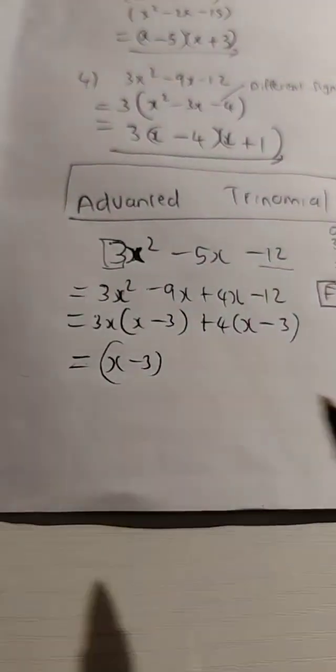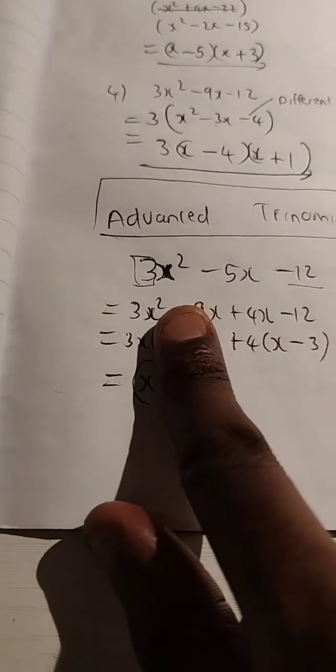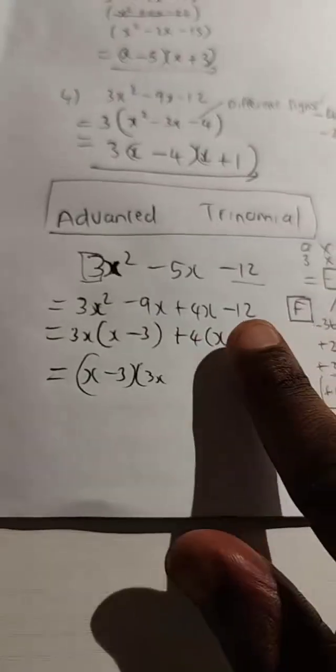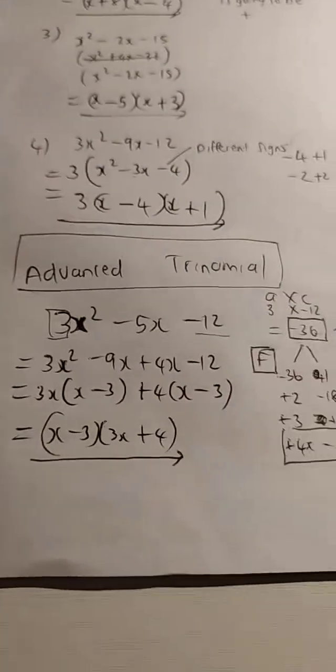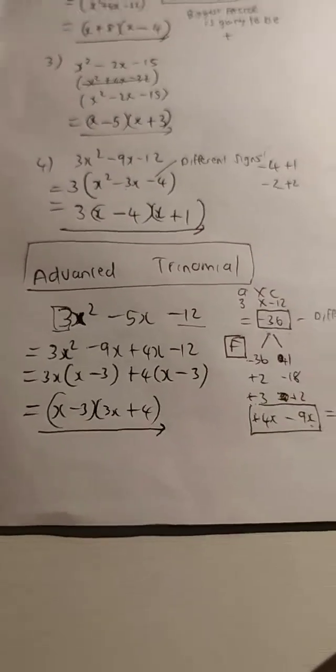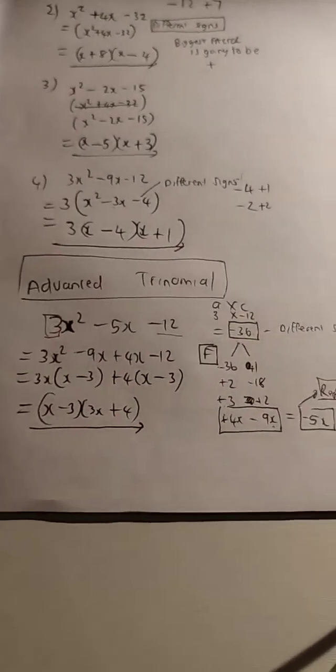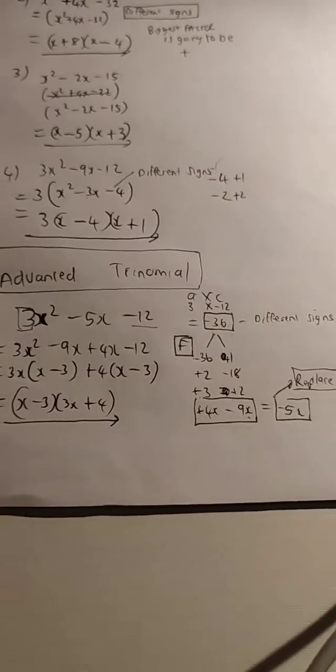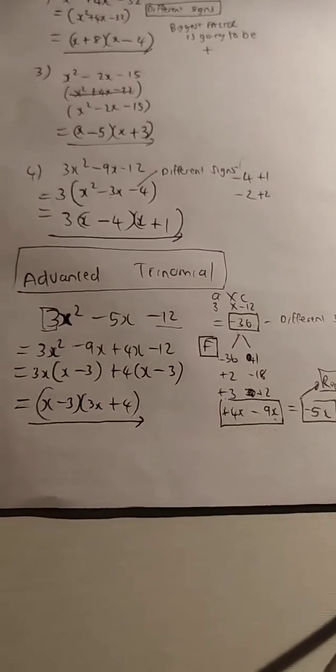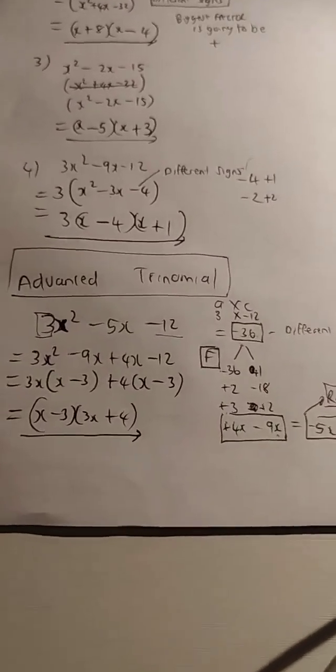So I take out that common bracket of x minus 3. And then I'm left with what on the left? 3x. I'm left with what on the right? Plus 4. I have done factorizing the advanced trinomial. And it is as straightforward and simple as you see it being done. The advanced trinomial is basically finished.